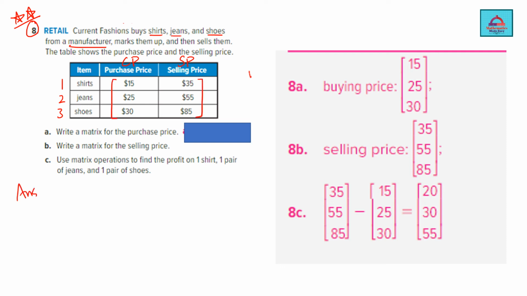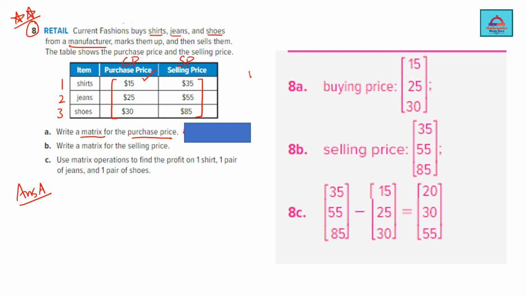So for answer A, you will just write the matrix having the three rows and two columns. So this is actually the matrix, but if you read carefully, the matrix which is asked is only purchase price, means not both the columns but only the first column.